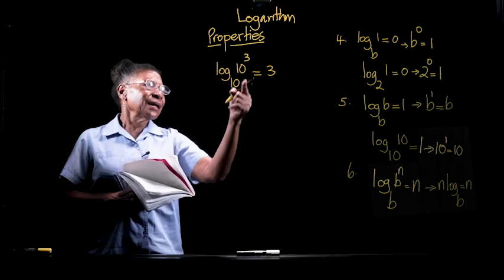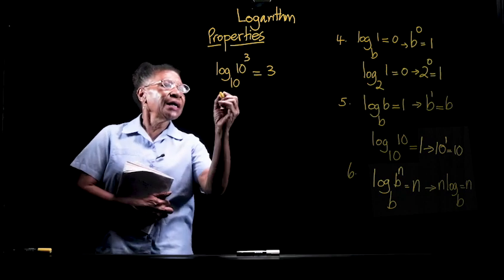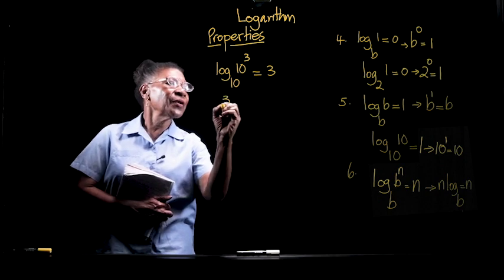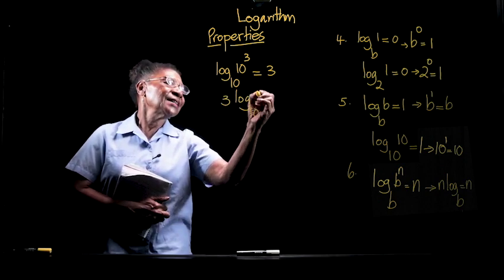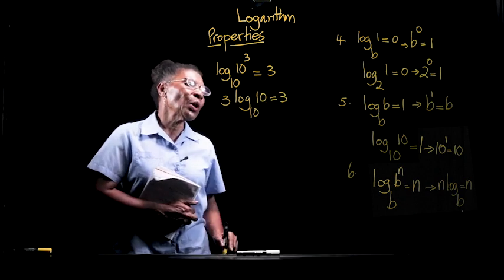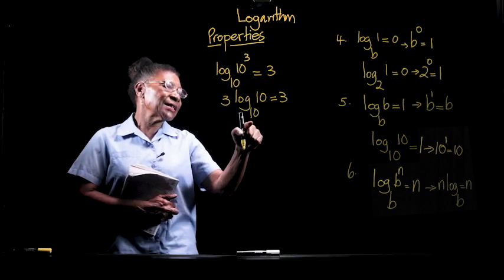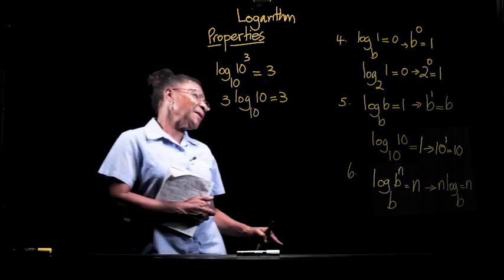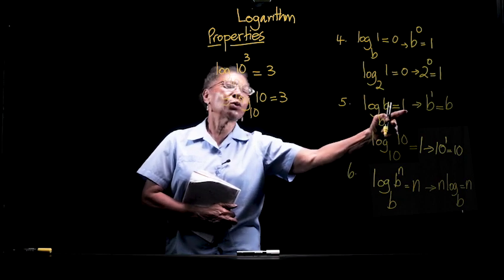If that is correct, then we use the power property and have it written as 3 log base 10 of 10 is equal to 3. But note, 3 log base 10 of 10 is the same as having log base b of b, which is equal to 1.